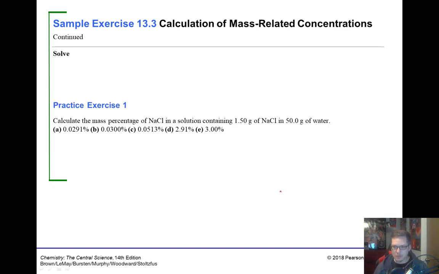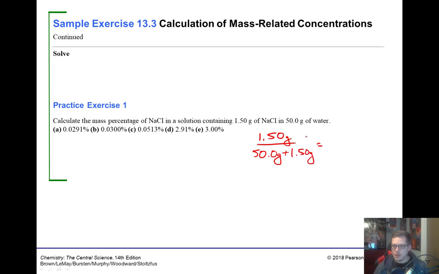Let's try one. Calculate the mass percentage of sodium chloride in a solution containing 1.5 grams of sodium chloride in 50 grams of water. So the mass percentage would be the mass of the solute, which is the 1.5 grams of sodium chloride, divided by the total mass. So the total mass would be the solvent, plus the solute, 1.50 grams.